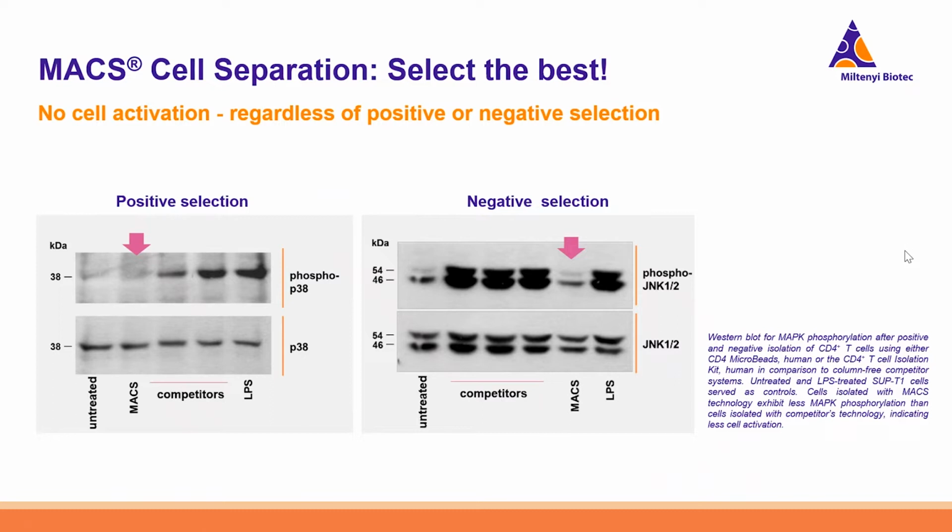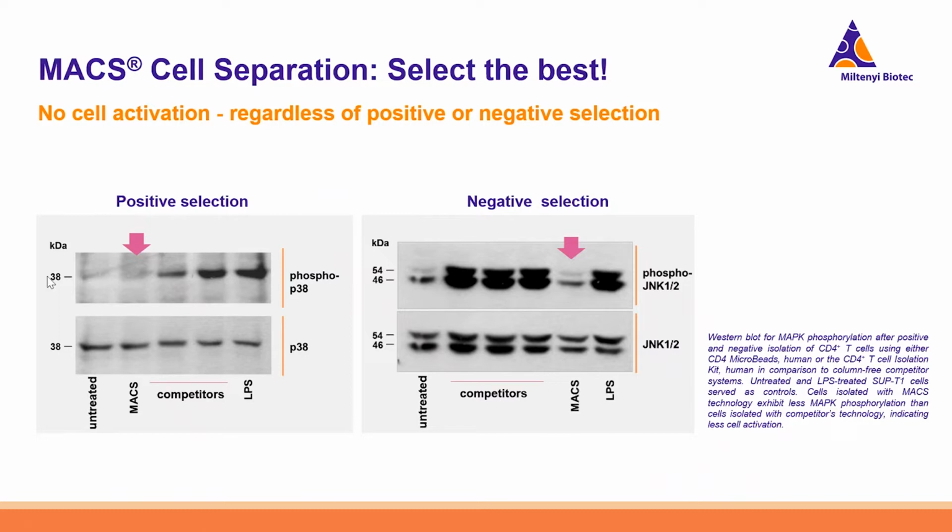CD4 positive T cells were isolated with either positive selection or negative selection using MACS technology or a column-free competitor method. Their activation status was then assessed by analyzing the different isolated T cell samples and performing a Western blot for MAP kinase phosphorylation, which is a reliable marker for T cell activation status.